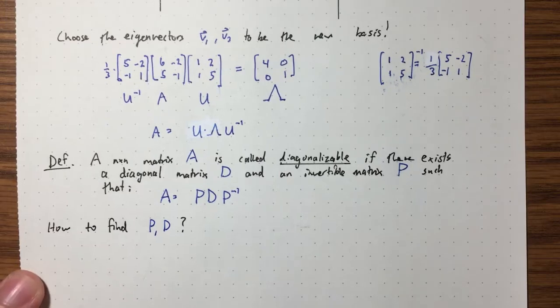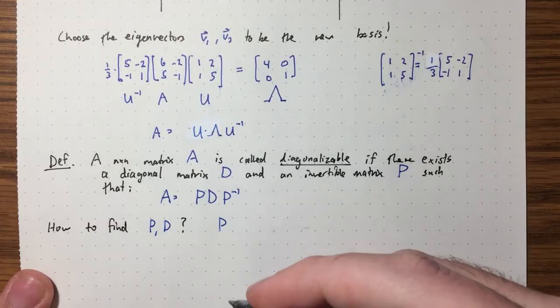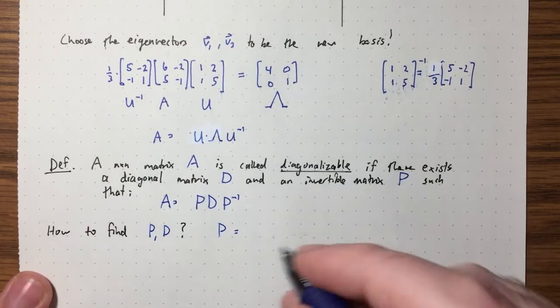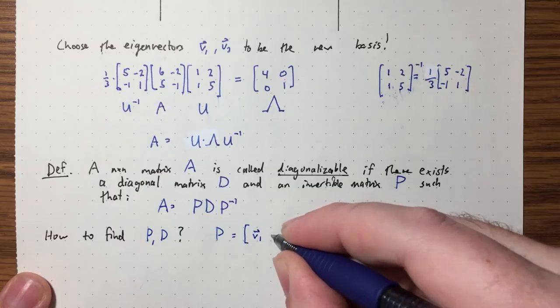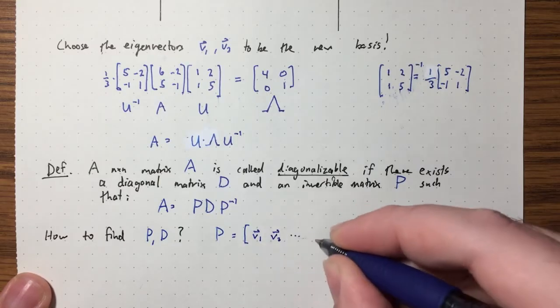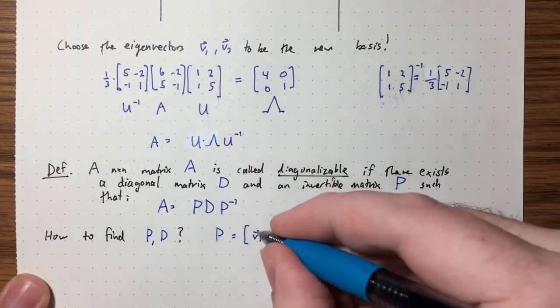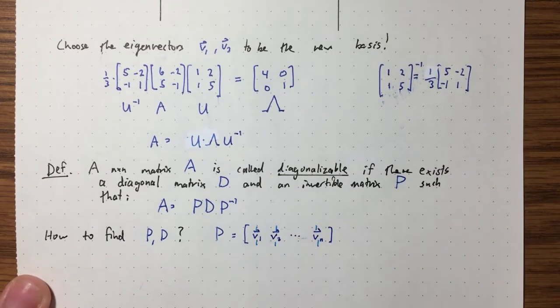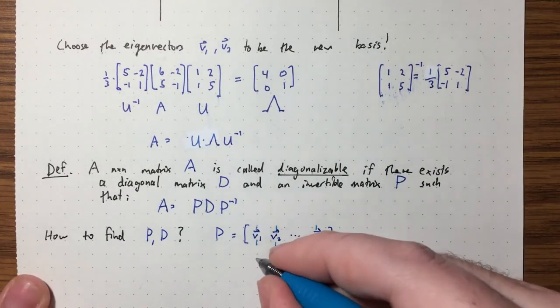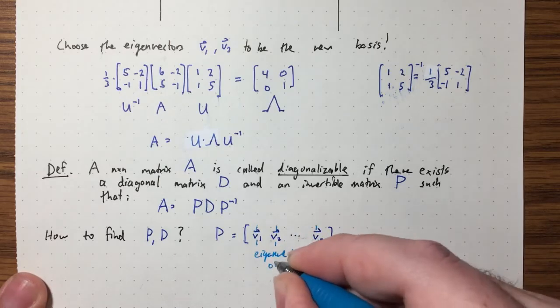We just find the inverse of the matrix P. Well, P is a change of basis matrix from the basis of eigenvectors v1, v2, dot dot dot, vn. So P is a matrix with the eigenvectors of A as the columns.